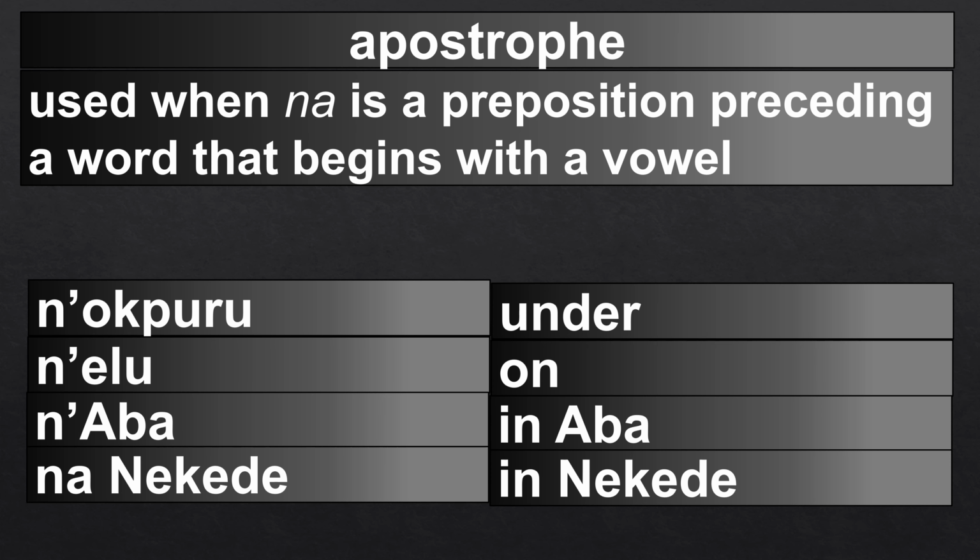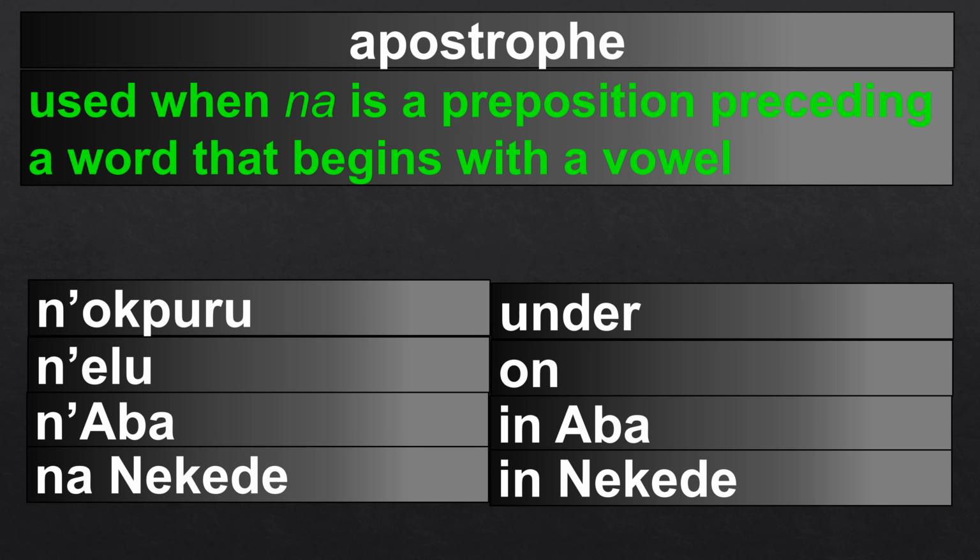Apostrophe. We use apostrophe when na is a preposition preceding a word that begins with a vowel. So na is the general preposition in Igbo language. Na is used as a preposition for up, for down, for inside, for outside, for under, and so on.